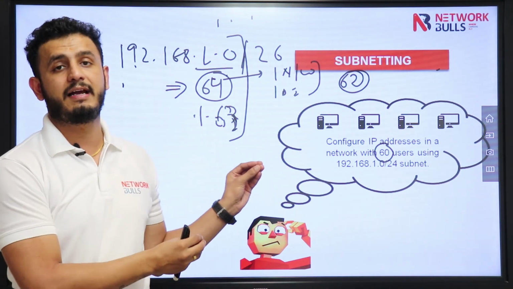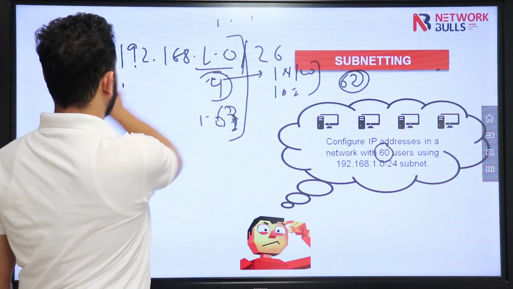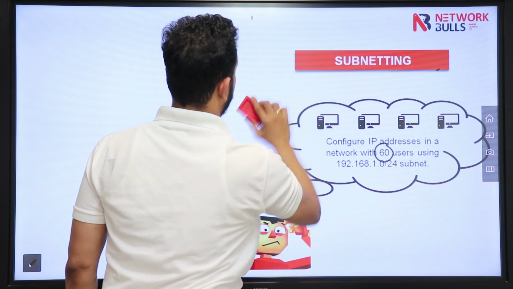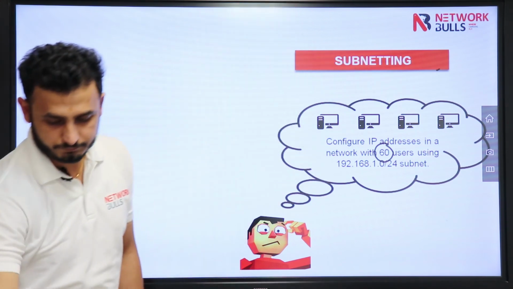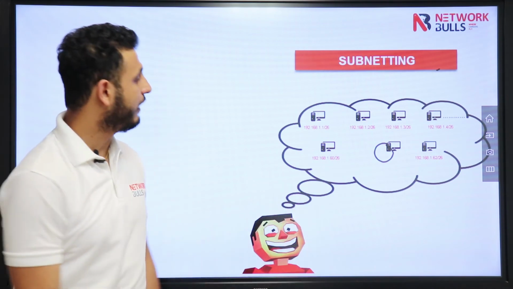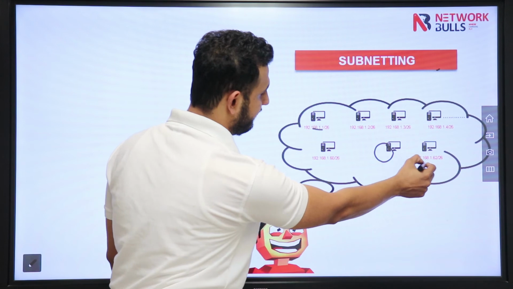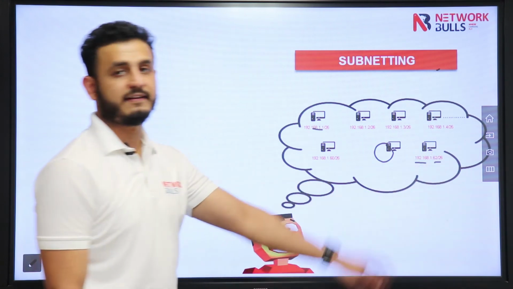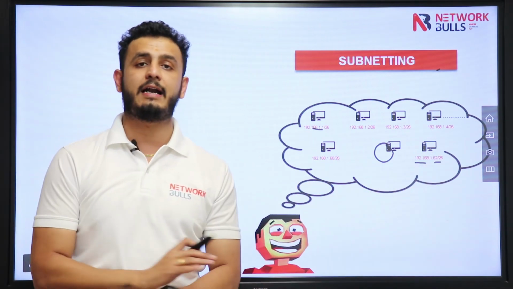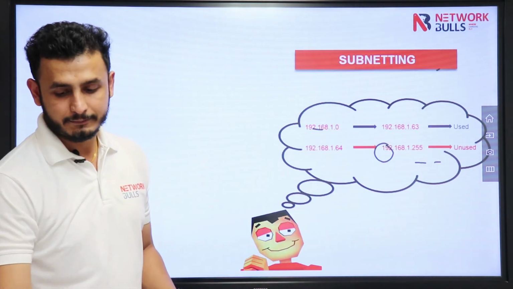Now the network is having 62 usable IPs. So guys, you can see here I have solved the example. It is 1.1, 1.2, 1.3 and it is going till 62. I am not showing 63 here because it is a broadcast ID, it will not be used. So the guy is also happy, you can see.